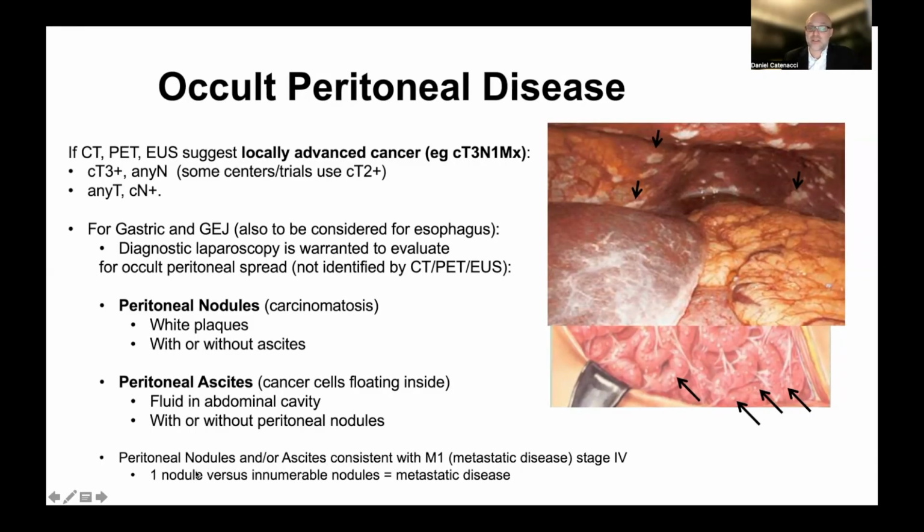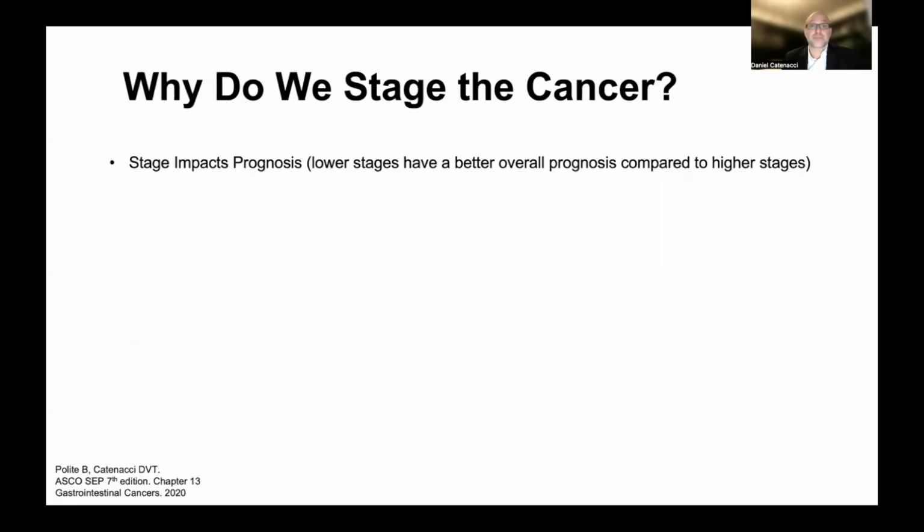One nodule may not be symptomatic, whereas innumerable nodules, especially if they're large, can be, as we'll talk about in later videos. Either way, they're both considered metastatic M1 disease. Similarly, if you have cytology-positive disease in the ascites, when the cytologist looks at the fluid, this equals metastatic disease, irrespective of whether or not any nodules are visualized.